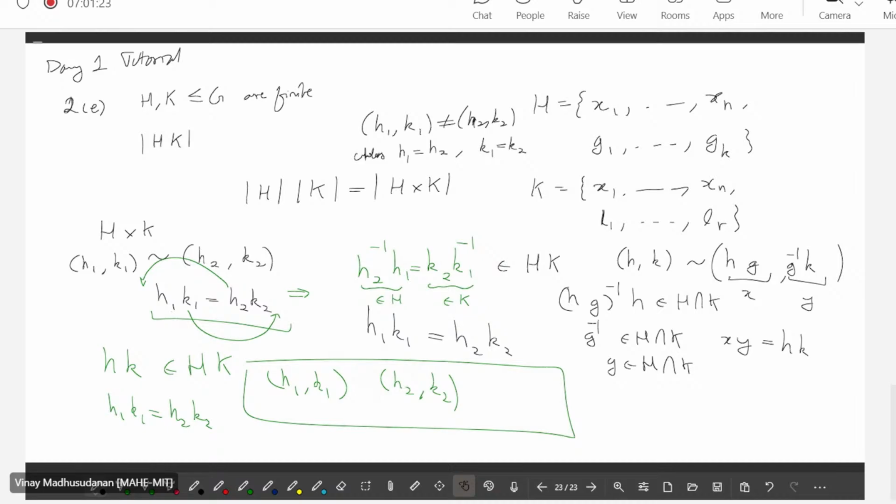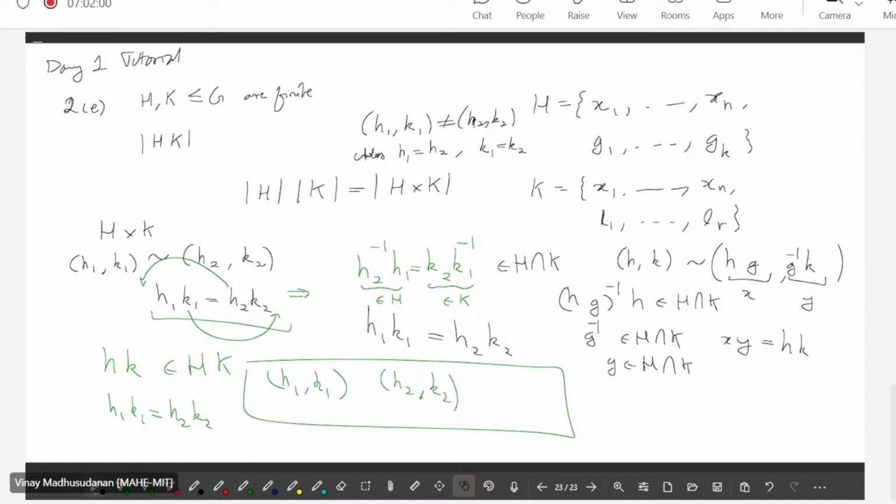Yes. Sorry. Obviously H intersection K. I meant H intersection K because I'm saying it's there in H and K. Okay. Yeah. H intersection K, not HK. Sorry about that. It is there in H intersection K. That's all.